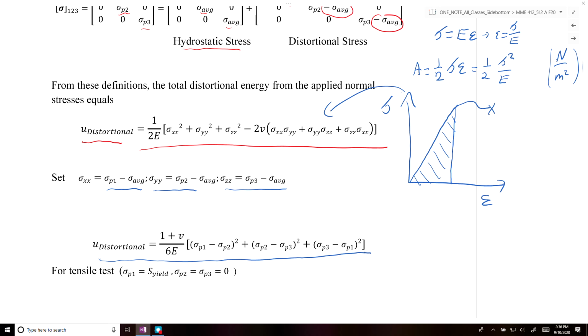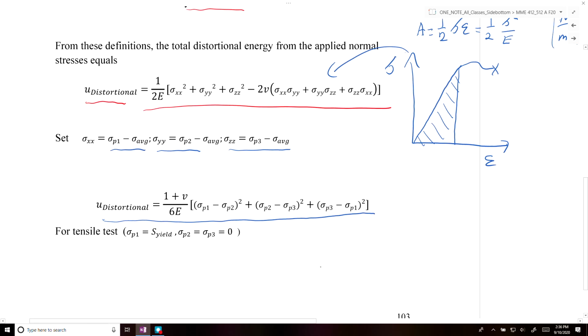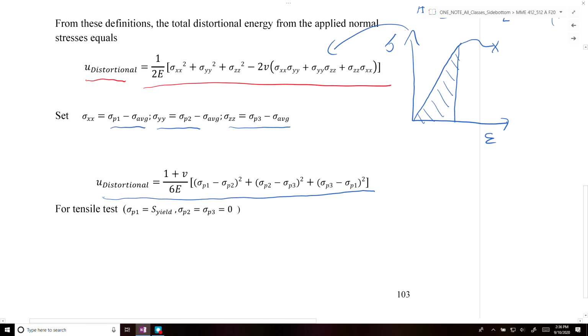So in the case of a tensile test, we can say that at failure, our principal stress is going to be equal to the yield strength of the material along the tensile force direction. But then there's no other forces being applied to the system, so we can set sigma P2 and sigma P3 equal to 0.